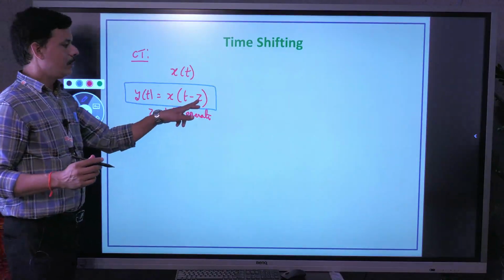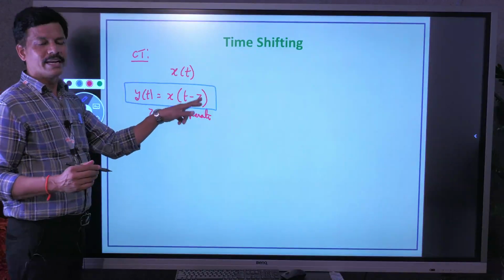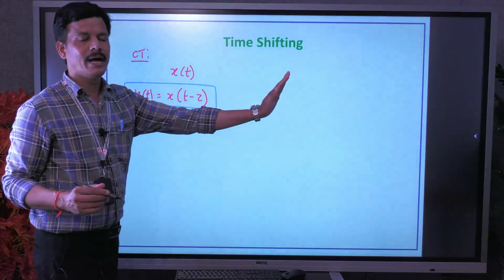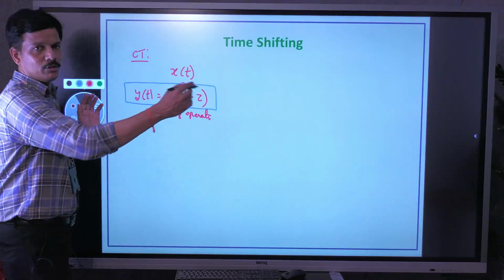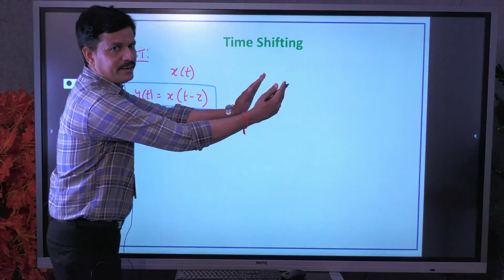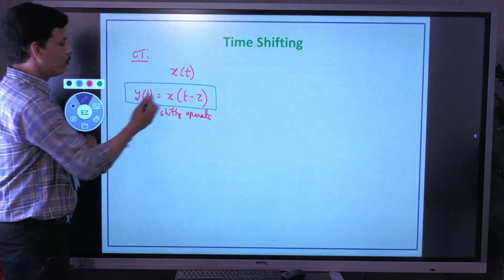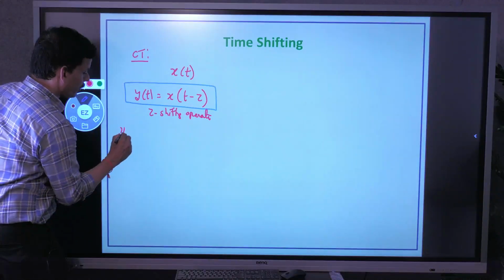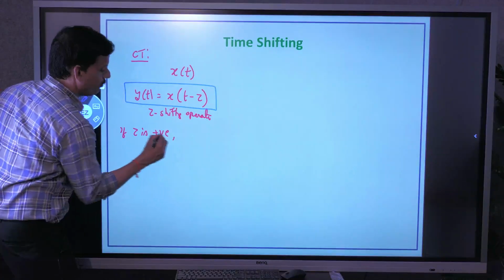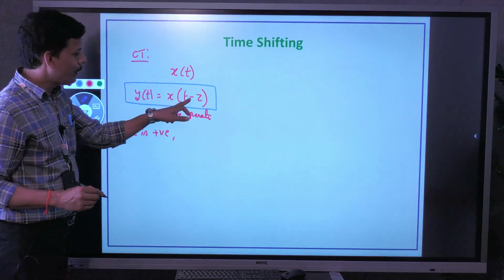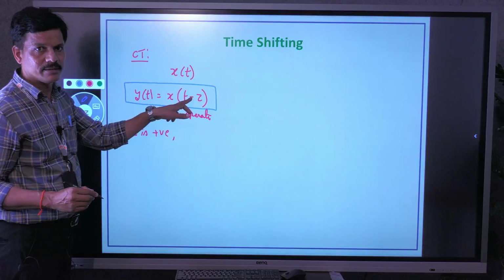Based on tau, we can tell whether it is left shifting or right shifting. Already I told you it is with respect to the time axis, so shifting may be either right side or left side. If tau is positive, it means the minus is preserved as it is.